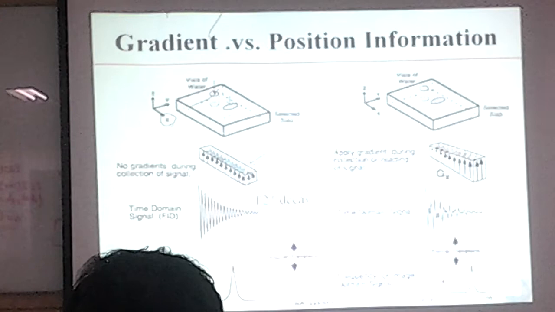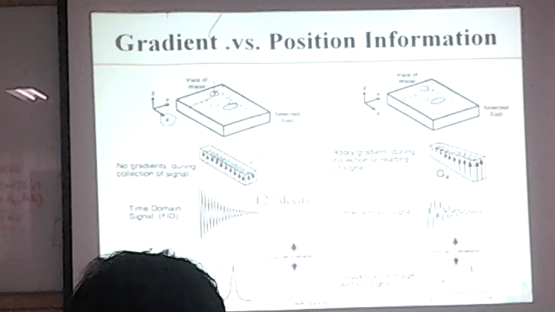The FID signal has one frequency component and decays with the T2 star relaxation time. Because this signal has a single frequency component, the Fourier transform results in one peak. So we cannot resolve the two water patterns from these signals.